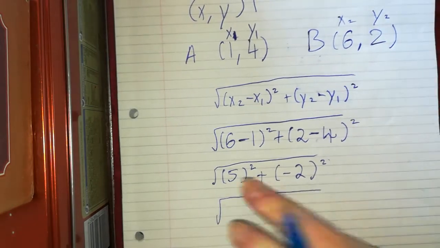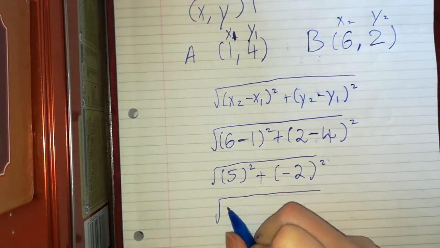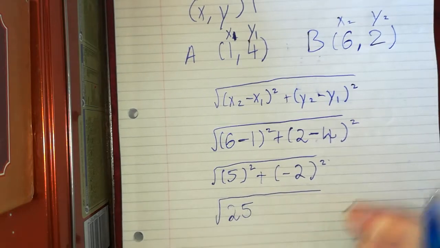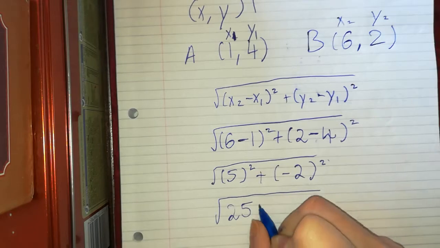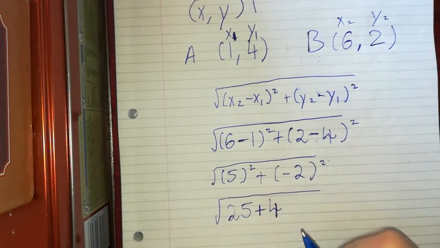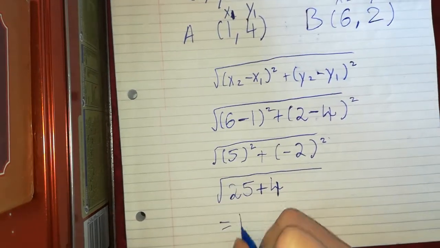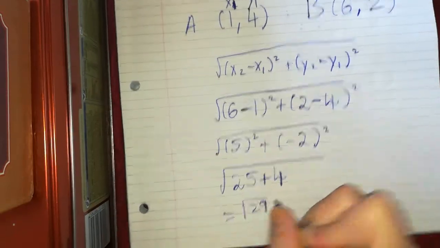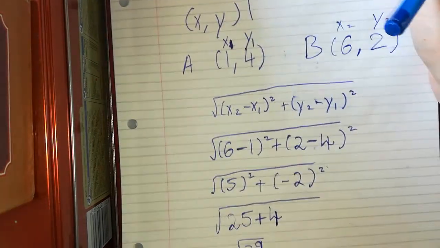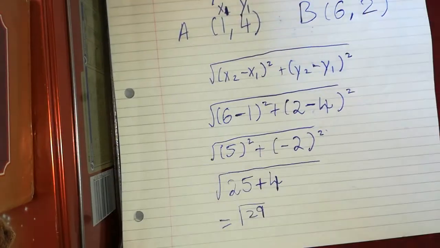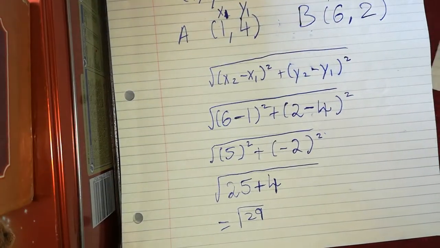So the square root of 5 squared is 25, and minus 2 squared, a minus by a minus gives us a plus, so it's 4. If we add those two together, we get the square root of 29, and that is the length of this. They asked to have it as a square root, so we get the square root of 29.